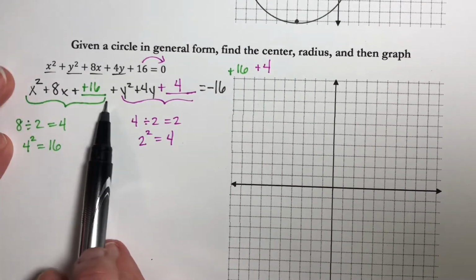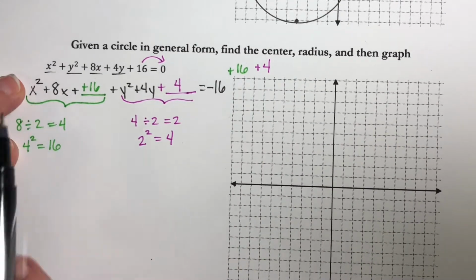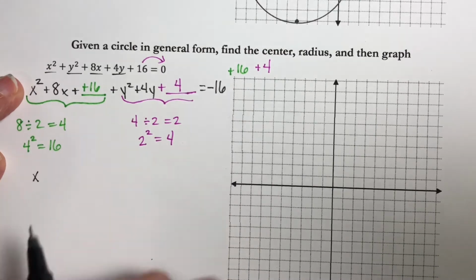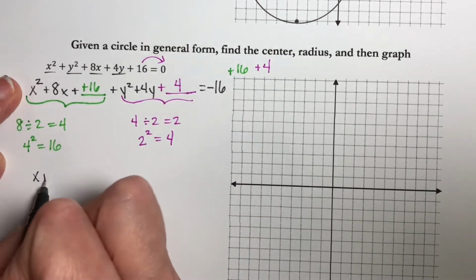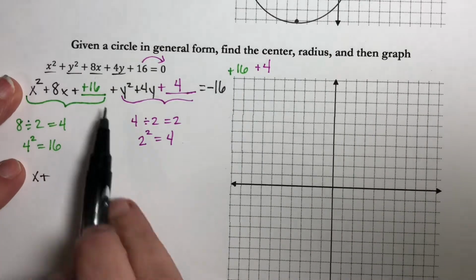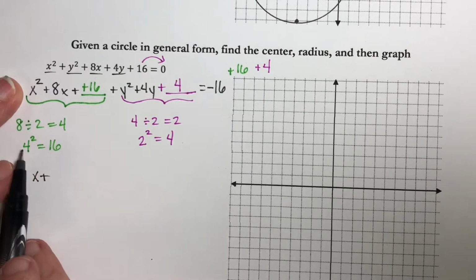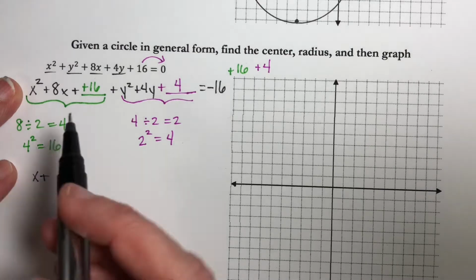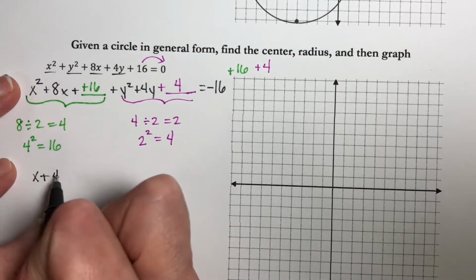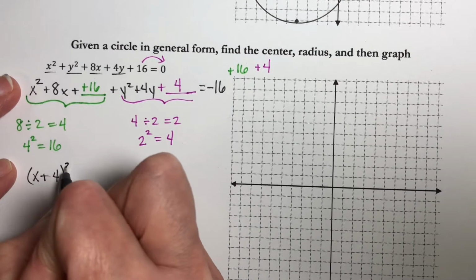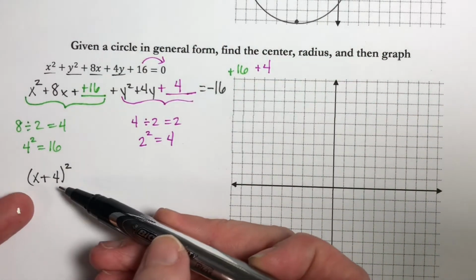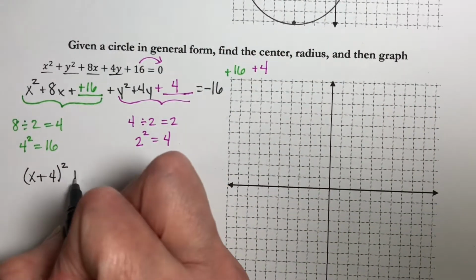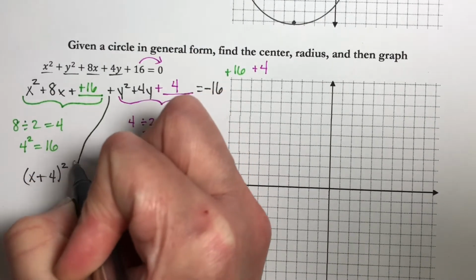Remember, if we've done this correctly, you get to factor these. The square root of x squared is x. You write down the sign from right here. That's a plus, so this is a plus. And then you write down the square root of this, which is what you had before you squared it. So I have x plus 4 squared. Plus, that's the same plus sign coming down.